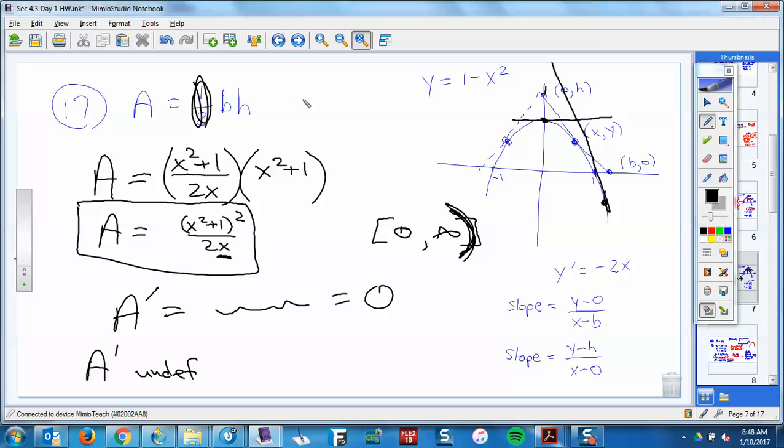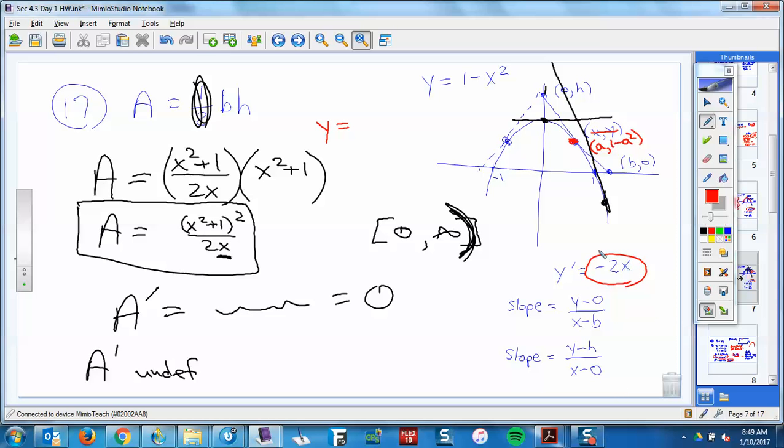Now that's my version of it. What the book tried to do, the book labeled this point A and 1 minus A squared, like that. Okay, this tangent point, and they wrote the equation of this line. Well, that's y equals the slope, which is the derivative, right?